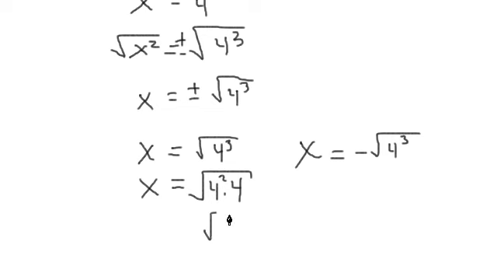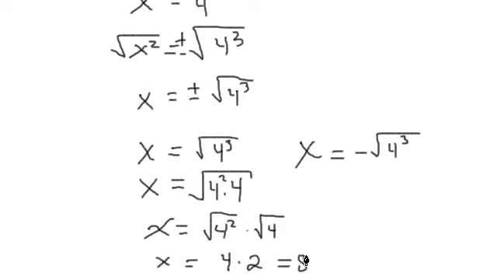You can break this up as the square root of 4 squared times the square root of 4. The square root of something squared is just that something, and the square root of 4 is just 2. So we got x is equal to 8. And of course we can do the same thing over here: x is equal to negative 8.